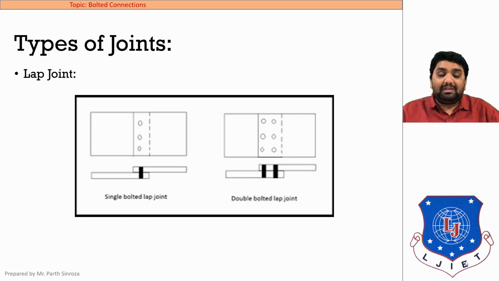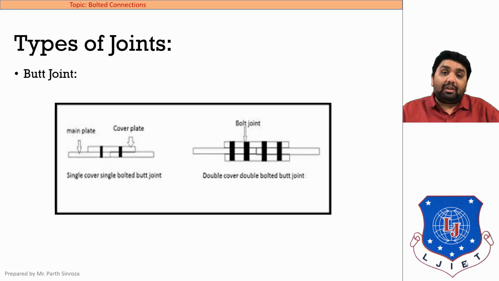The second type that we will be discussing is the butt joint. What is the main difference between a lap joint and a butt joint? In a lap joint, two plates are overlapped over each other, and the overlapped portion is connected using bolts. In this case, two plates are kept side by side. These are the two main plates that are to be joined, plate number 1 and plate number 2, kept side by side.